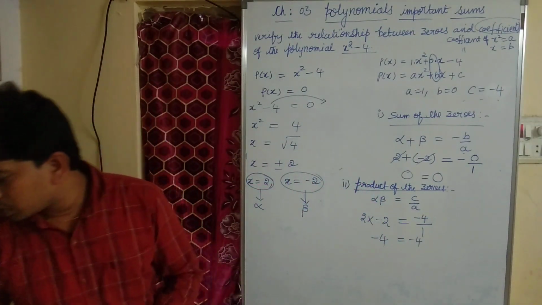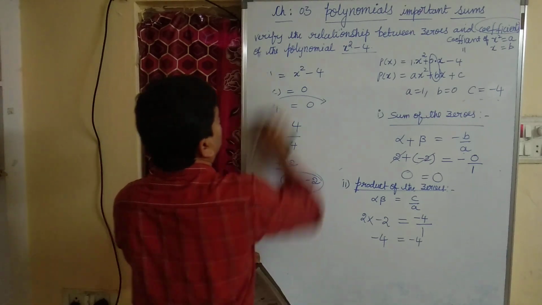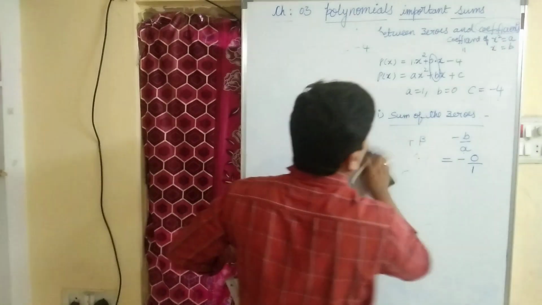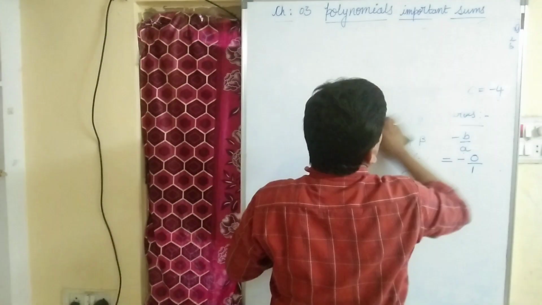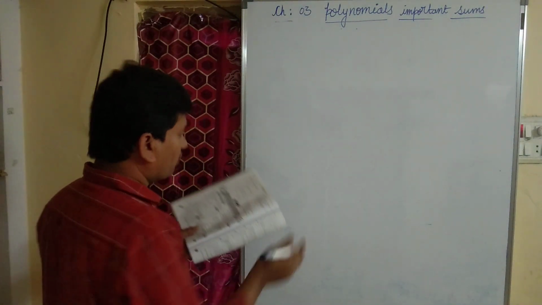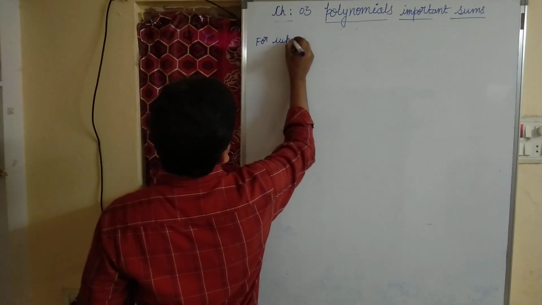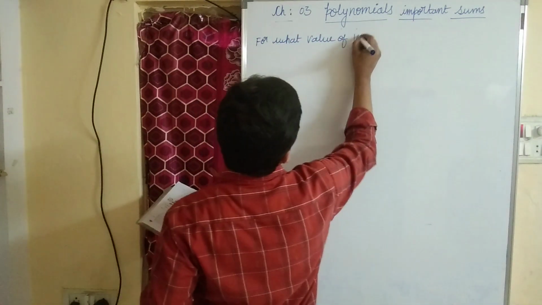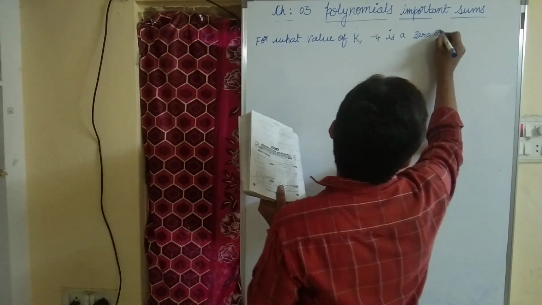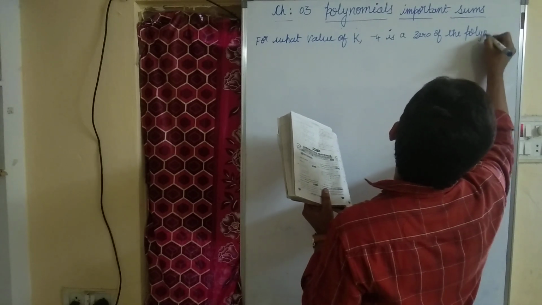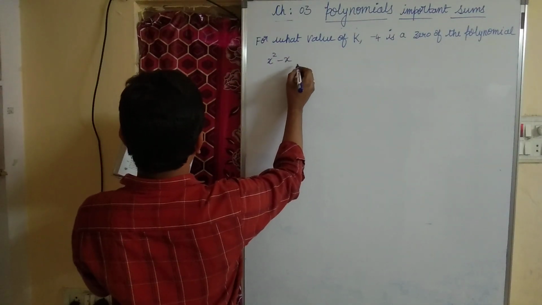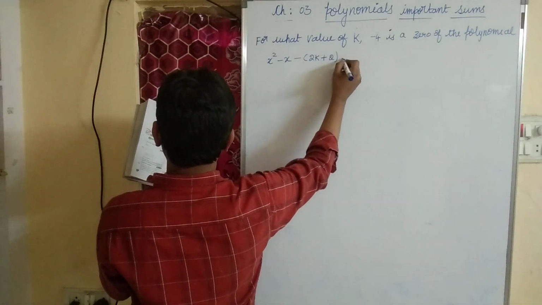Okay, now let us discuss one more topic. For what value of k is minus 4 a zero of the polynomial x square minus x minus 2k plus 2?